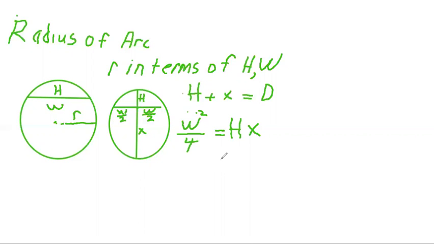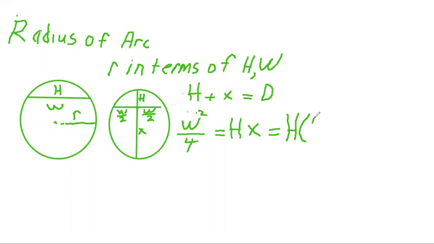Now, we want to get everything in terms of H and W, as we said here at the beginning. So we can replace X with, okay, we can see that X is equal to D minus H, right?